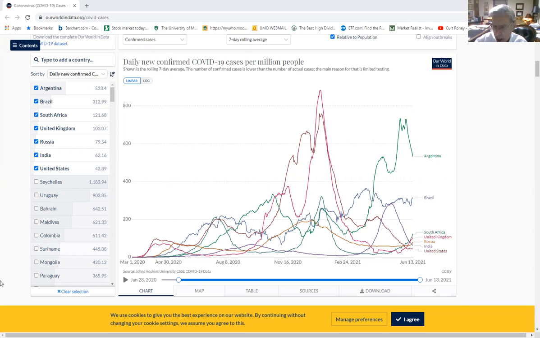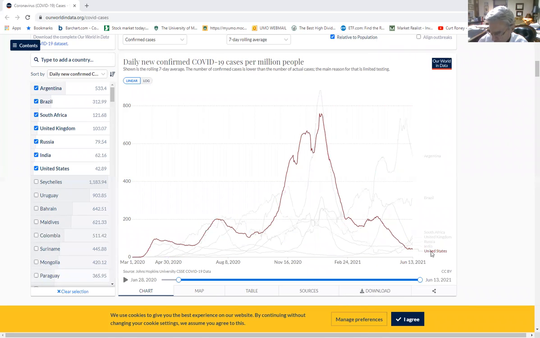But these are the actual onset, the actual occurrences of COVID in several countries, the countries that we just looked at. And I can isolate each country. So I'll start with the US.